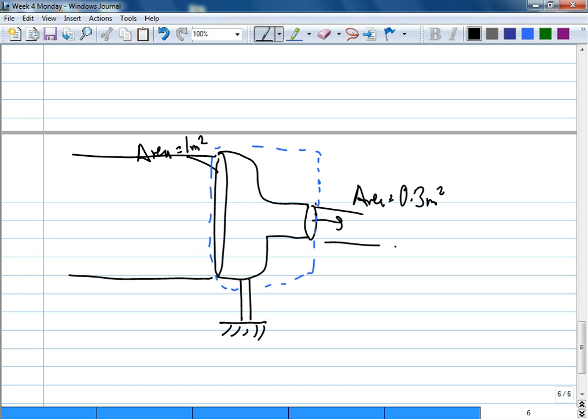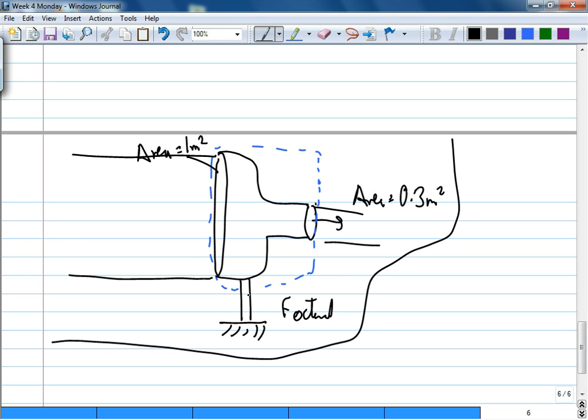There is F external to hold this pipe in place. It could come from either a support or from the other pipes supporting this joint.